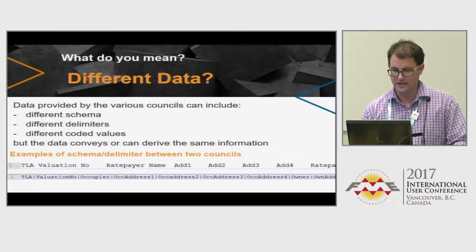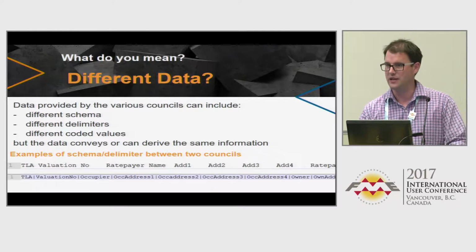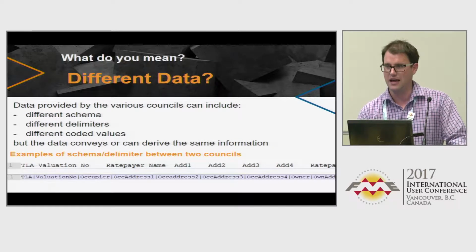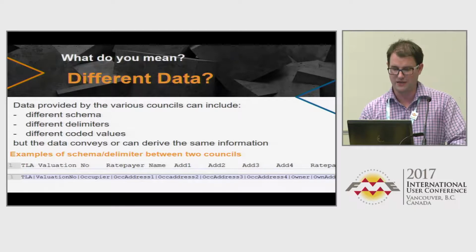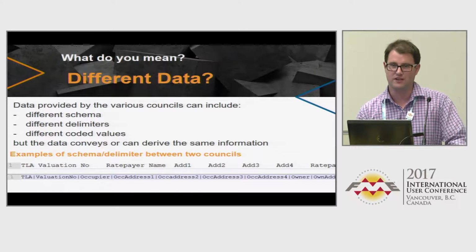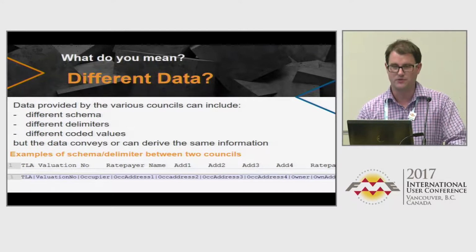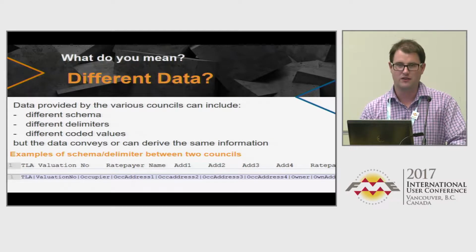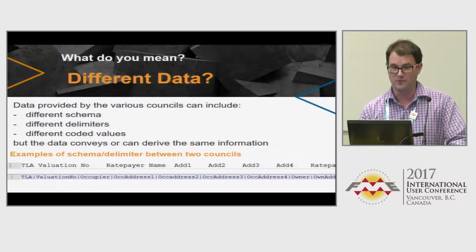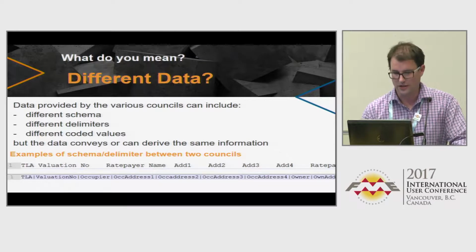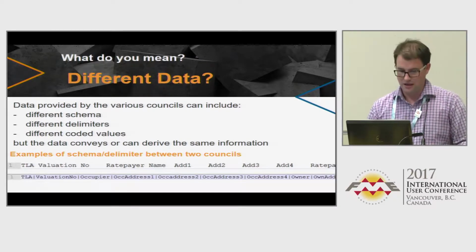Each is provided with a different schema, so different field names, different delimiters. Most things come in a format that might be a text file, CSV, or something similar. So there's always a delimiter in there, but it could be a tab, it could be a pipe or bar or whatever you want to call it, or it could be kind of anything.